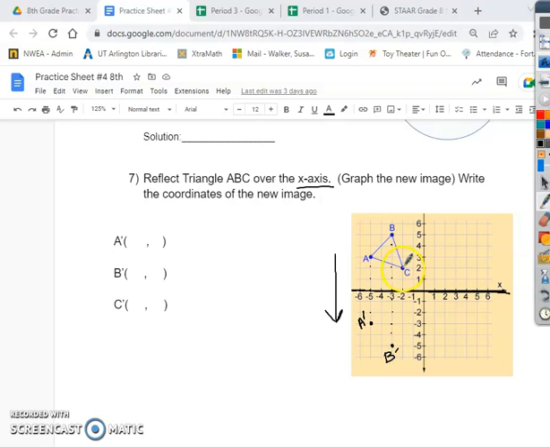Here's C. 1, 2. 1, 2. So those are my new points, and hopefully you can tell that this is a congruent figure. This is called a rigid motion.